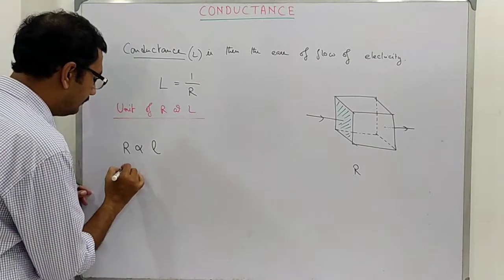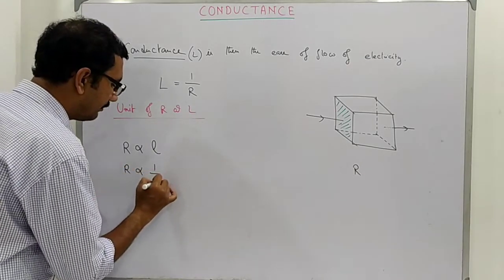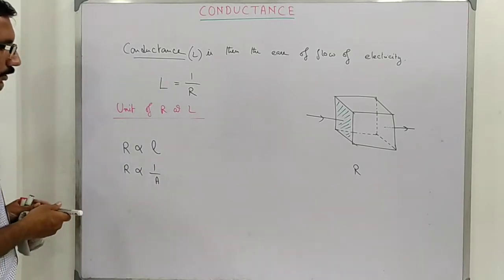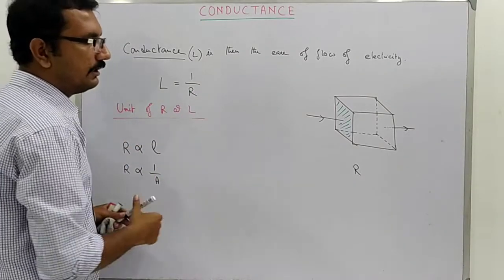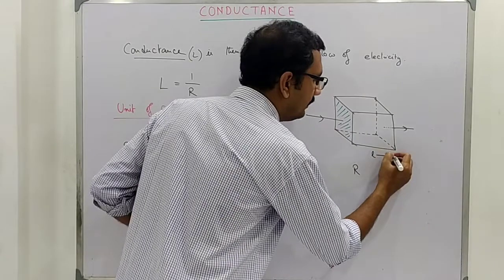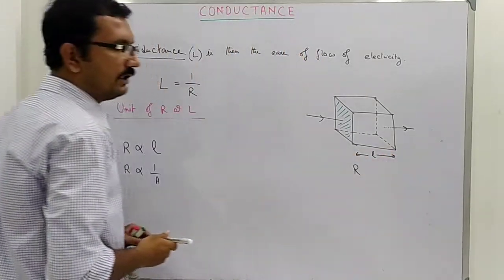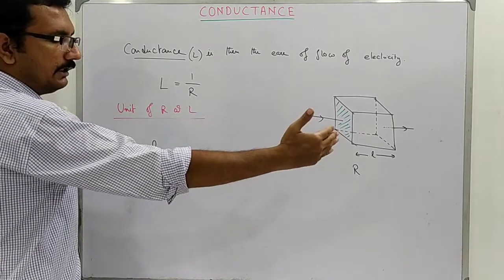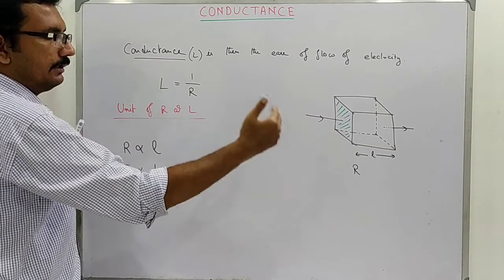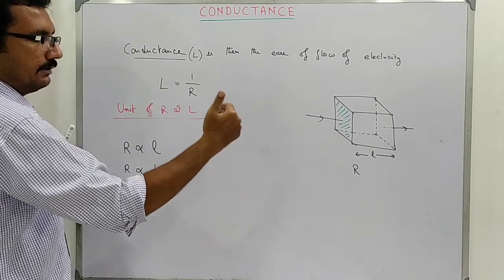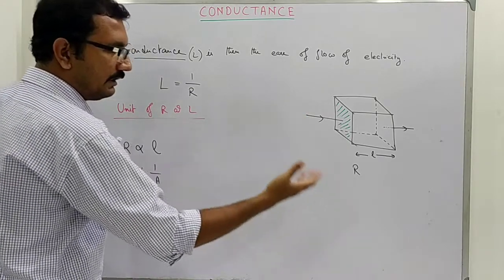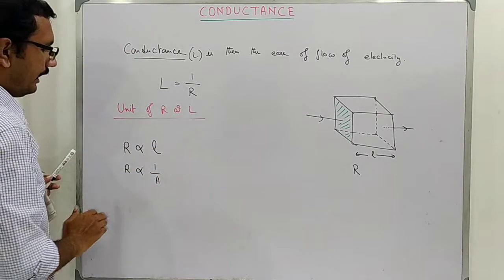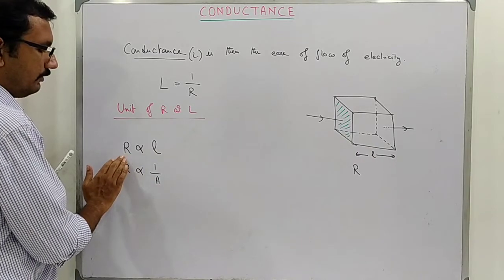So, R is proportional to 1 by A. So, with respect to the length of the conductor, it is proportional. So, more the length of the conductor, more will be the material that is responsible for obstructing the flow of current, and resistance will be more.